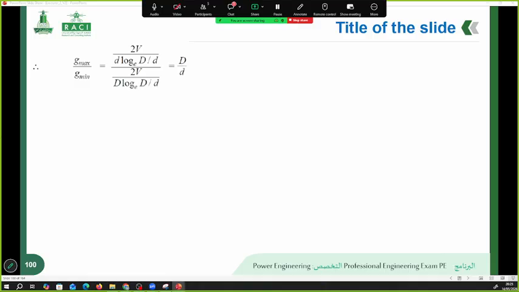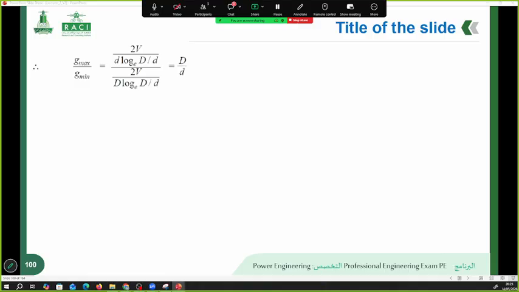So the result shows that the stress ratio depends only on the geometric ratio of the shield's diameter to the conductor diameter, and is independent of the applied voltage and the permittivity of the insulating material.